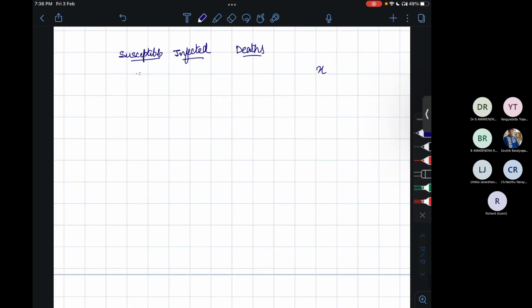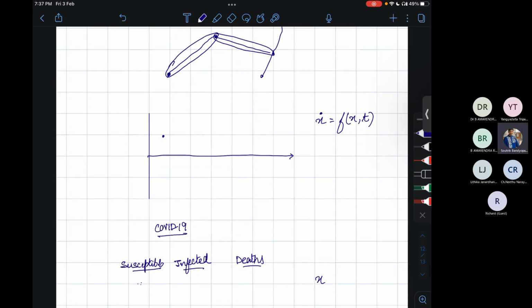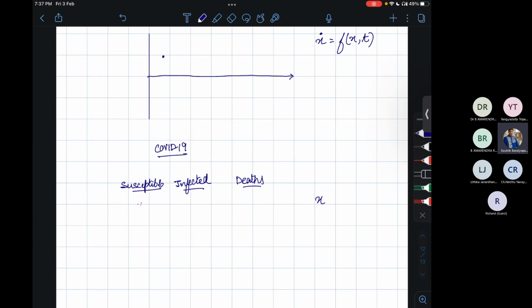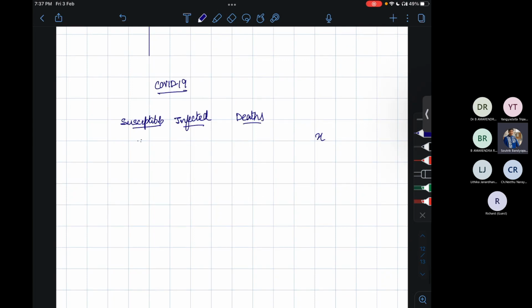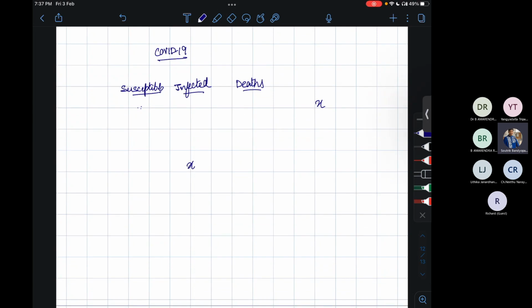Now, in all of these cases, whether stock market prediction or COVID-19 prediction, whatever be the system, you actually don't know the value of this function on the right-hand side. Because if you did, then you are literally God. You actually don't know how these interactions or prices or whatever may change over time.